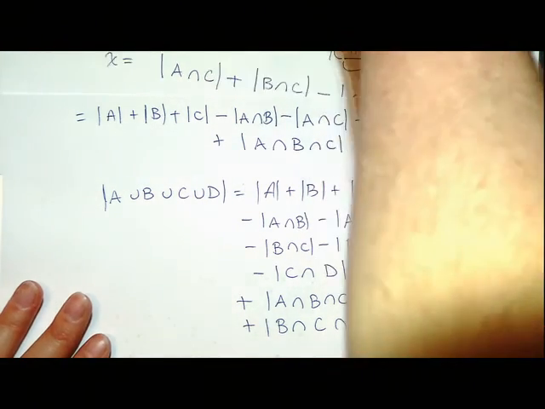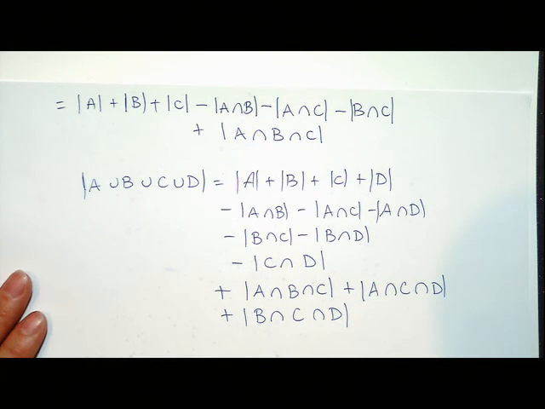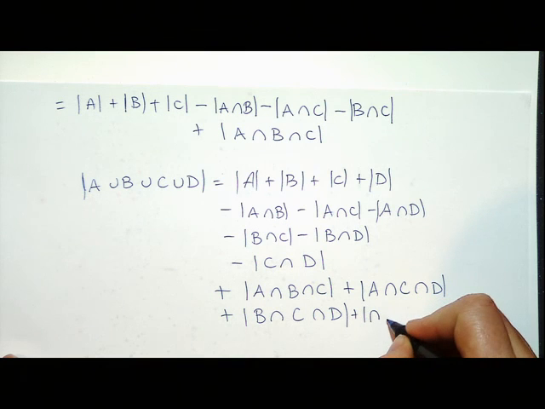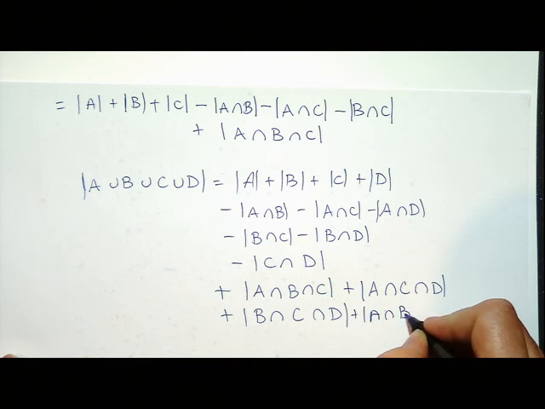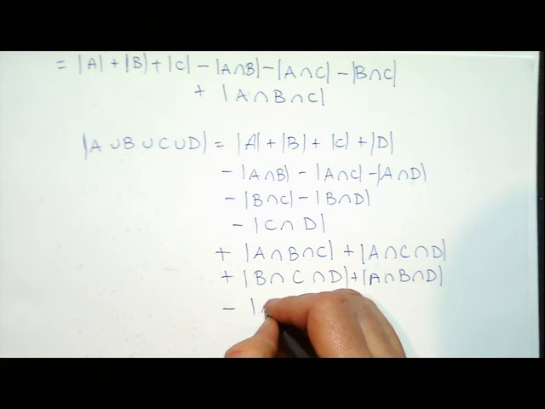How do we know when we're done with all of the intersections of 3 elements? How do we know how many there should be? Each one will be leaving out 1 every time, right? So there should be 4. So am I done? Which one am I missing? Okay, and then I need to subtract what? The intersection of all of them.